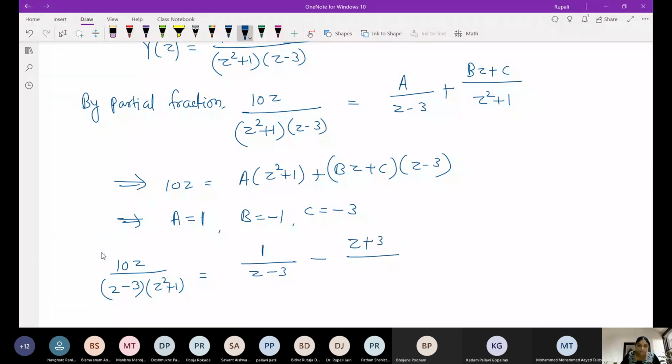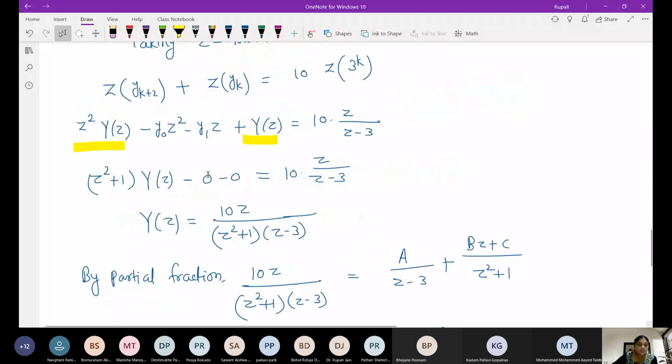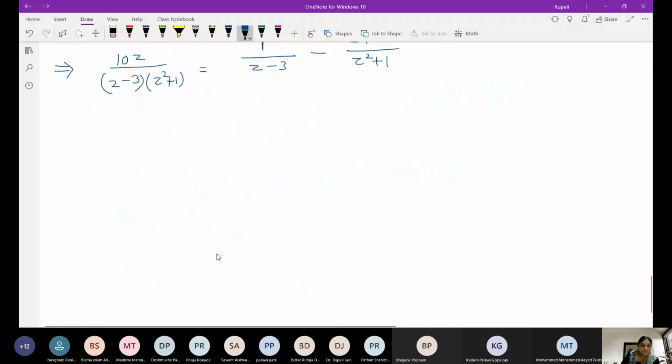Therefore, Y(z) is nothing but 1 upon z minus 3 minus (z plus 3) divided by z square plus 1.